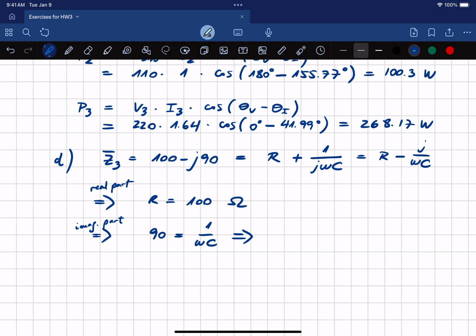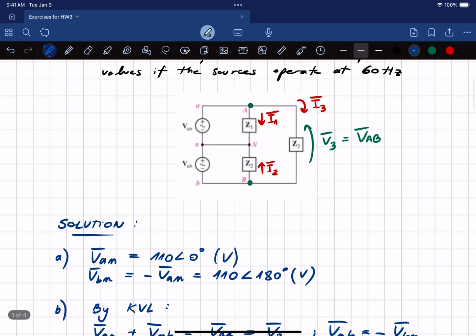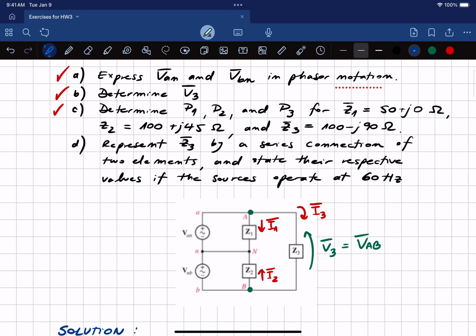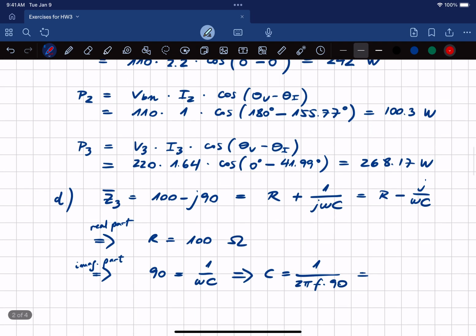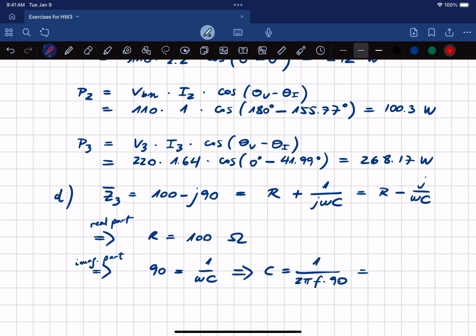Here we can define C equals 1 over omega, which is 2 pi f, times 90. The frequency defined for this problem is 60 hertz, actually the same frequency of the grid, right? So f is simply 60, and you solve this, and you should get 29.47 microfarads.